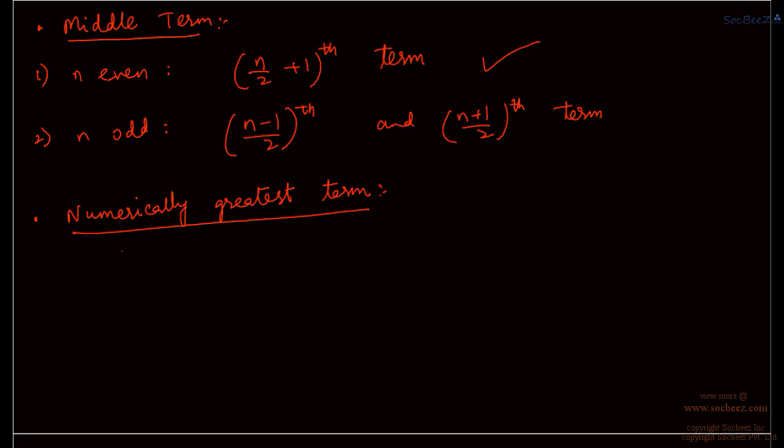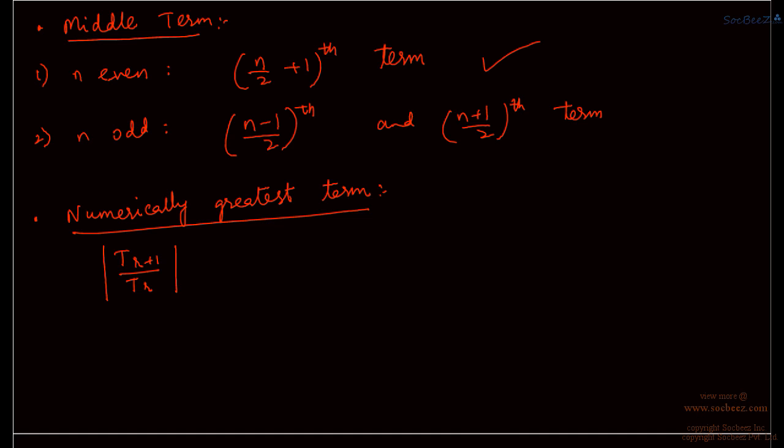What we do is, we find out the T r plus 1 by T r, right? And moreover, since all binomial expressions will not be guaranteeing us a positive coefficient, we take the modulus of this, right? Because all we are interested in is the numerically greatest term.